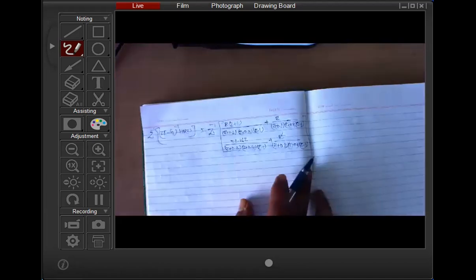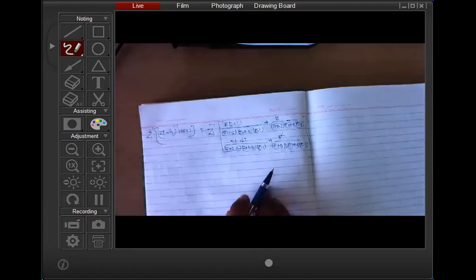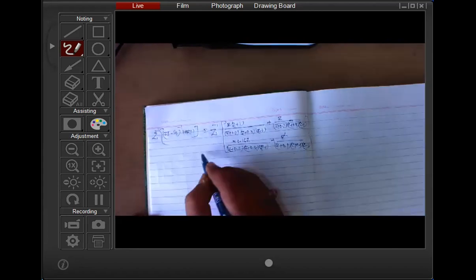Now again we have to find the inverse Z transform of the given function. So if you solve this, finally we have to find the inverse Z transform of the given function.